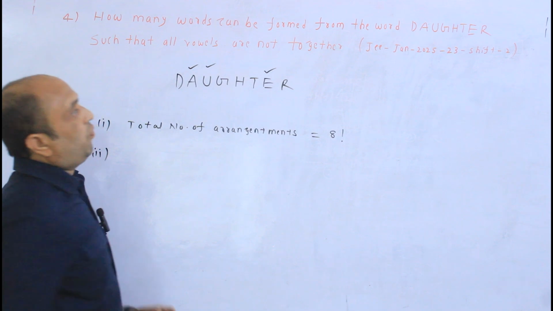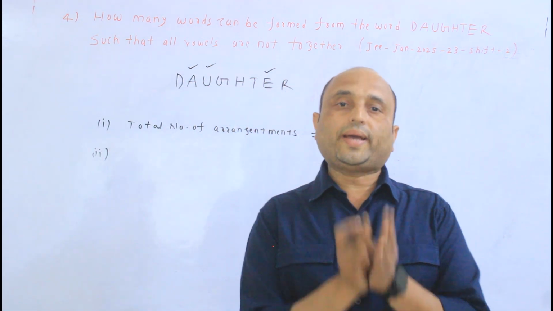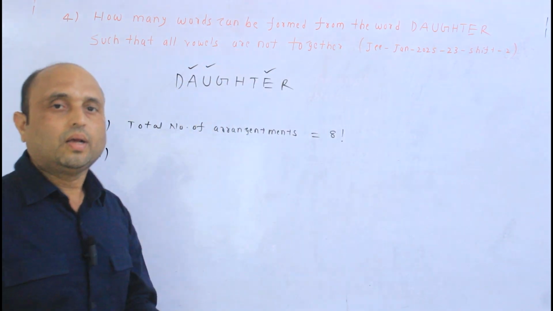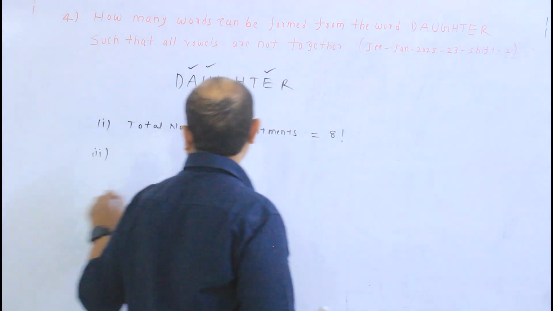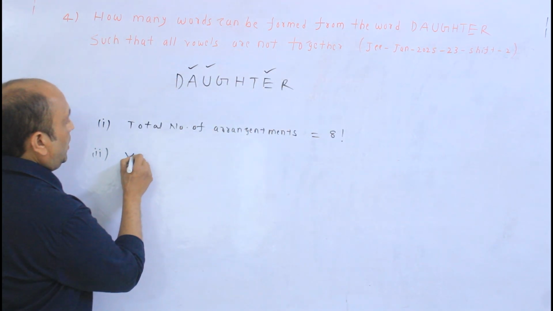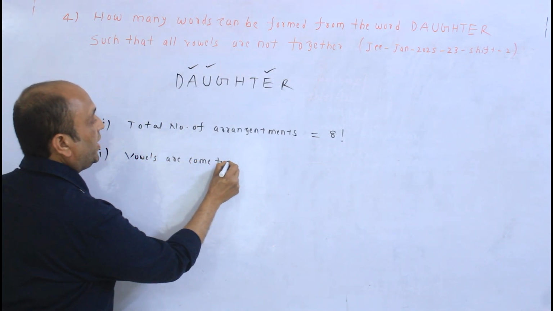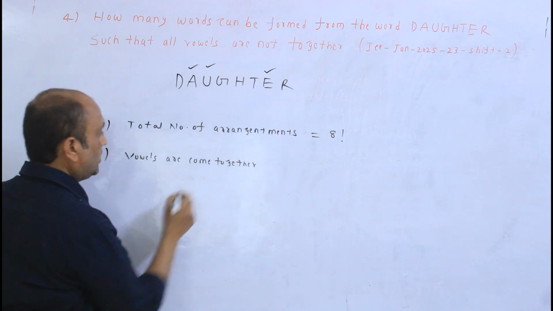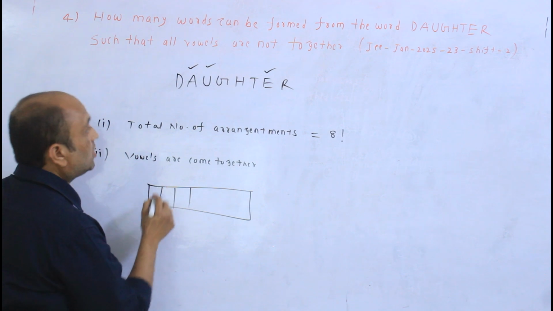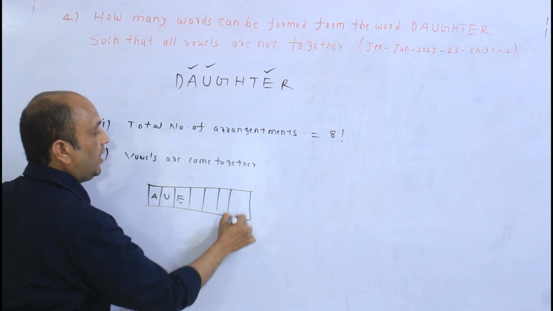Next, find the number of arrangements in which the vowels come together, because our question is that vowels are not together. In D-A-U-G-H-T-E-R, the three vowels are A, U, E, and the remaining are 5 letters.